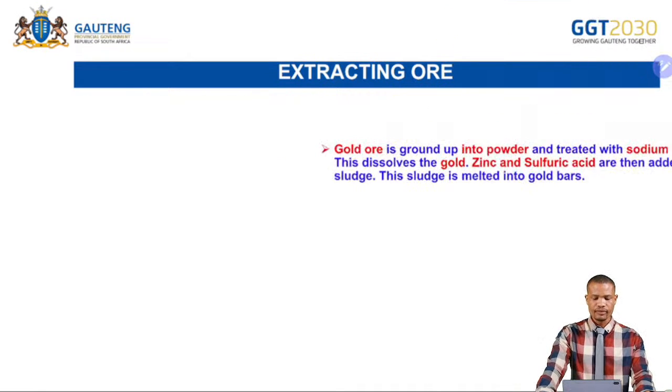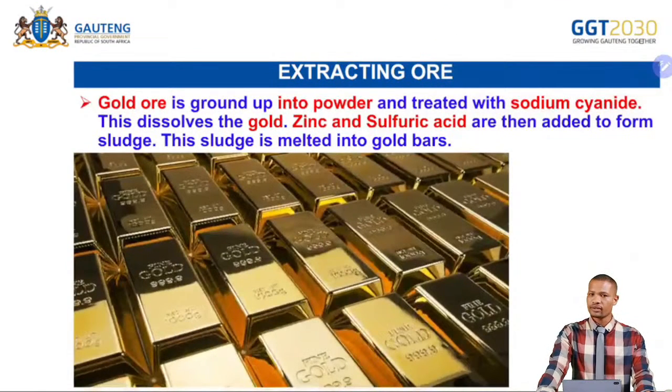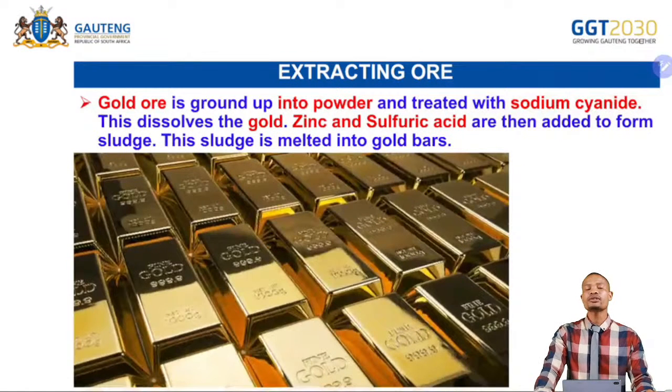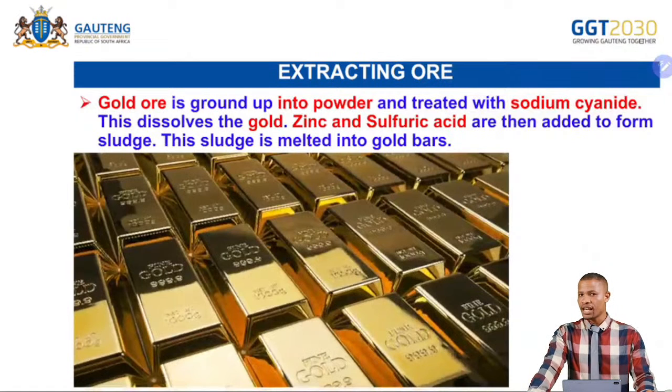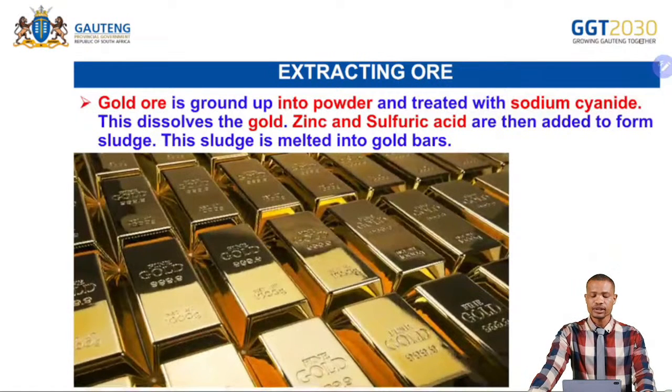Now gold ore is ground up into a powder. For gold, we extract the ore from the ground, grind it into a powder, and then treat it with sodium cyanide, which is very toxic. This dissolves the gold, and then we add zinc and sulfuric acid to form a sludge.